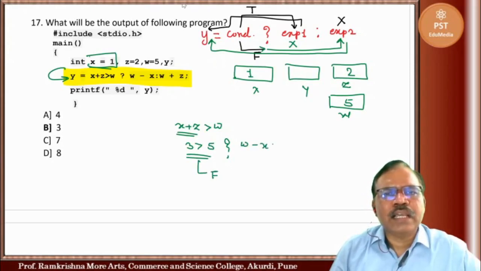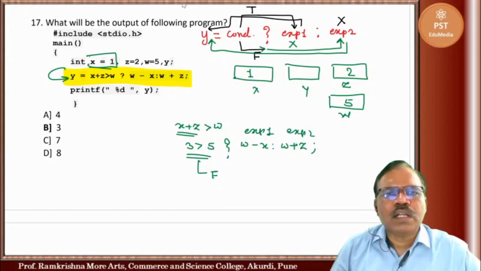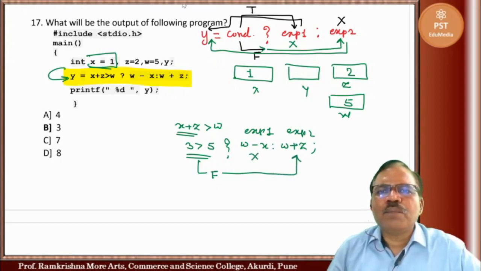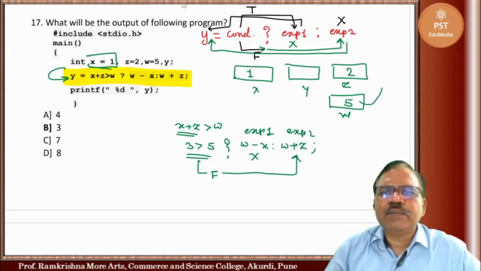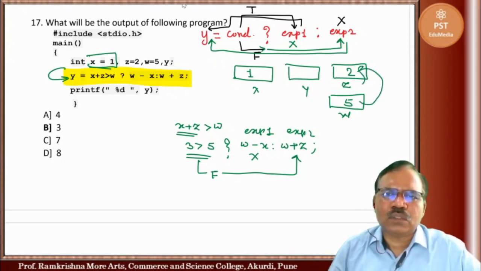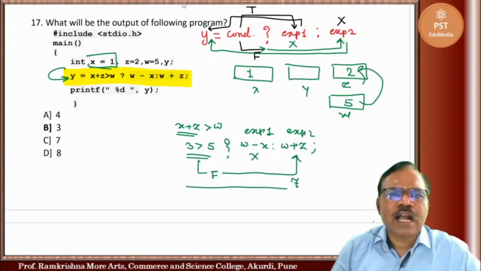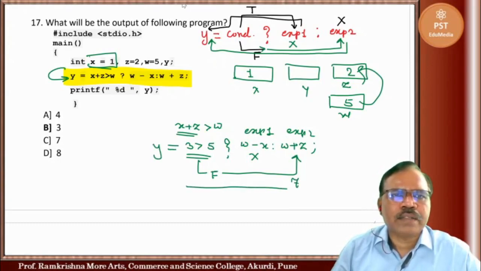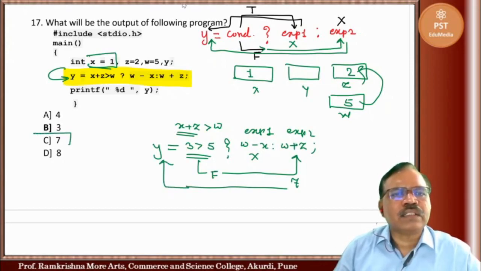W minus X is expression 1, and W plus Z is expression 2. Now the condition is false, so this one is evaluated and the other is ignored. W plus Z means 5 plus 2. So the result is 7, and that 7 is assigned to Y. So Y equal to 7.